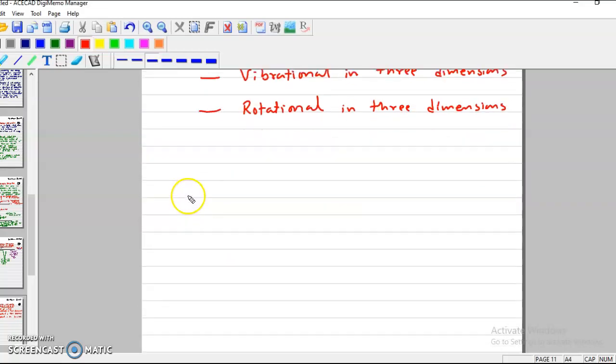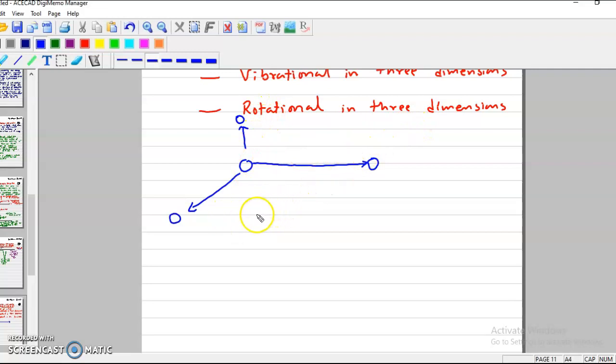Like translational motion, one particle or one molecule or one bond may move from one end to another end. This is translational motion in one direction. It can be in X direction, Y direction, or Z direction. Therefore, these are 3-dimensional translational motions. Similarly, rotations also will be in 3 dimensions.